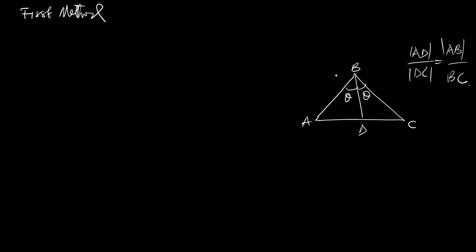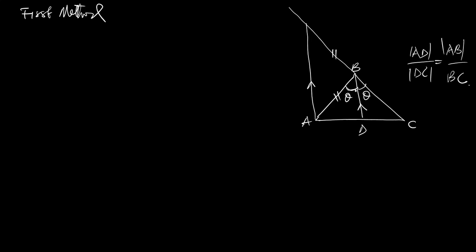Now, the first method to prove this equation. Let me assume I extend the line BC, then I draw a line parallel to this line in such a way that the value here and the value here is the same.